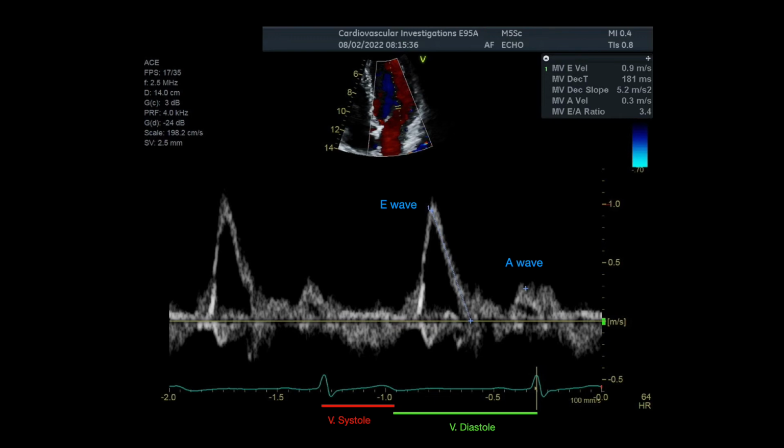And so I just wanted to orientate you to this image and this spectral display, because we will talk about it later. A low E velocity and a higher A wave, so A wave dominance, virtually excludes severe MR.